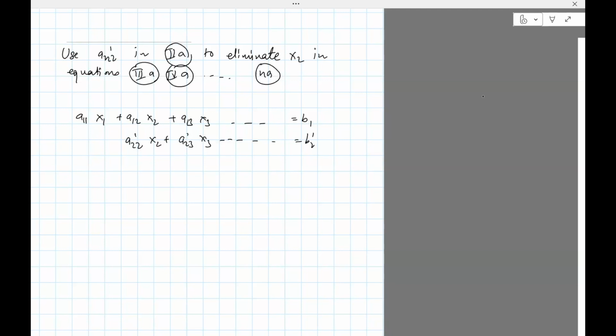Now everything below this will not have an x2, so there will be a33 double prime x3 plus so on equals b3 prime. There will be a43 x3 plus so on till an3 prime x3. This should be double prime, just indicating that it was modified as a result of the second step.